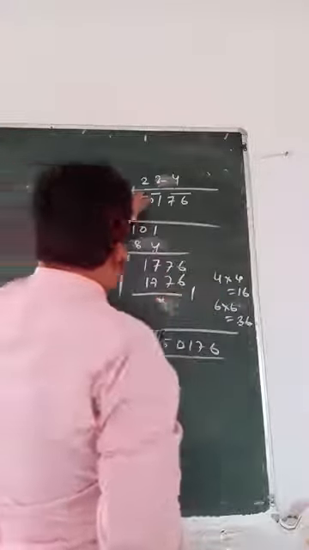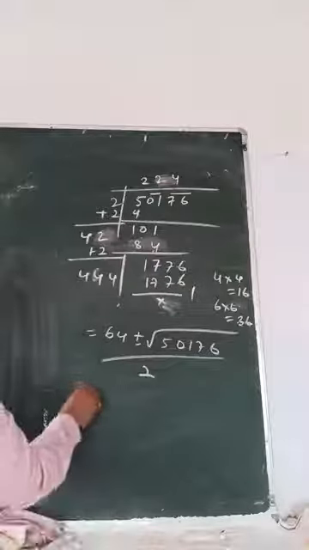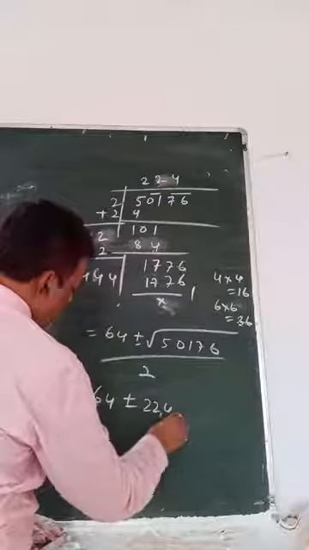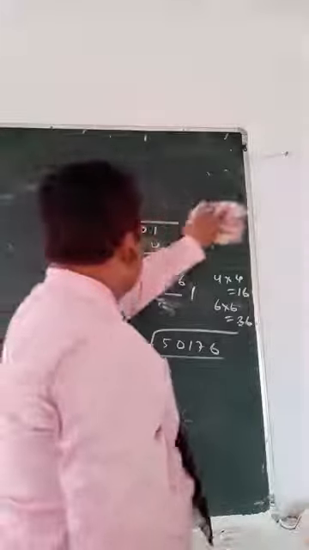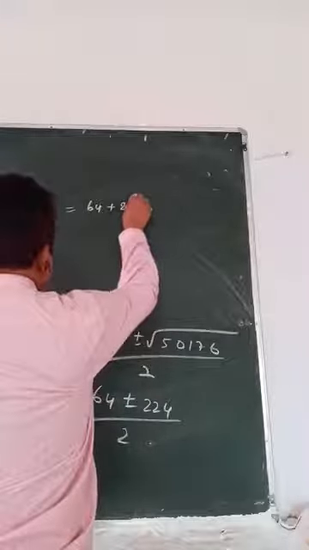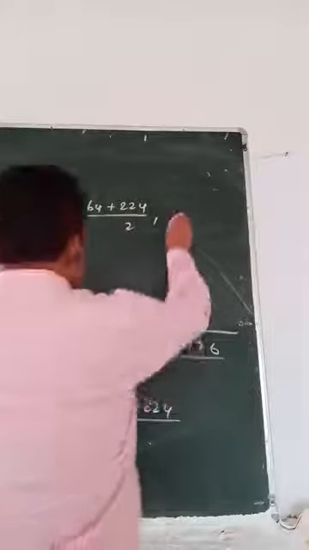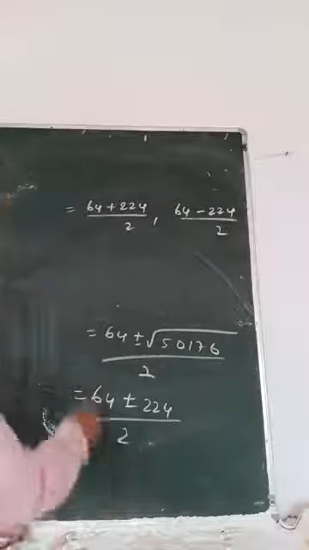That means 224 is the square root. So it is 64 plus 224 by 2, one value. Then 64 minus 224 by 2, the second value of y.